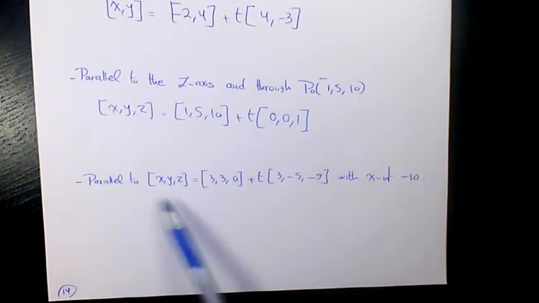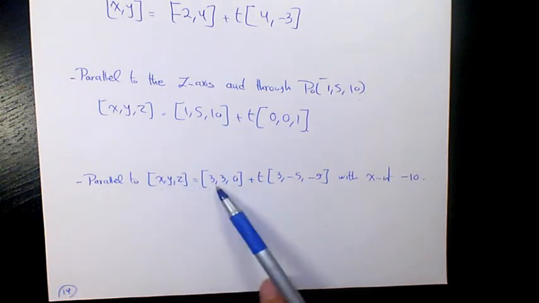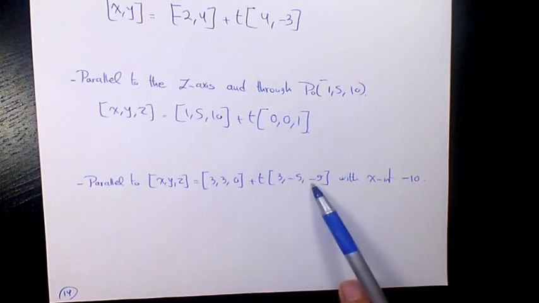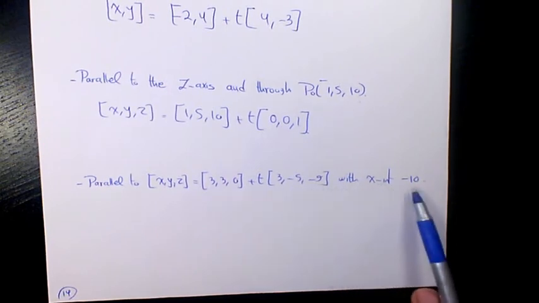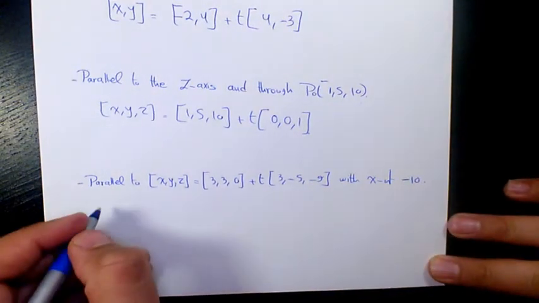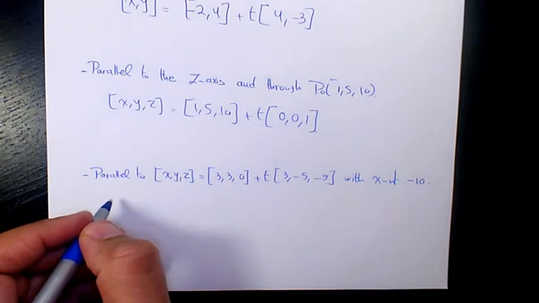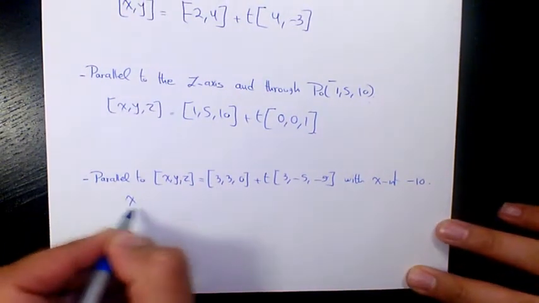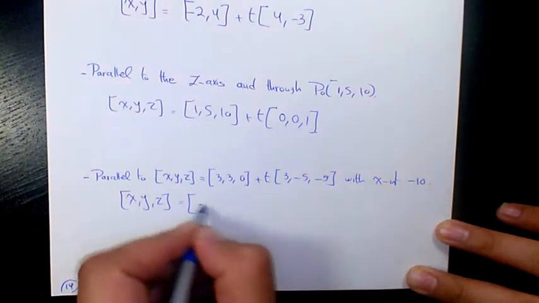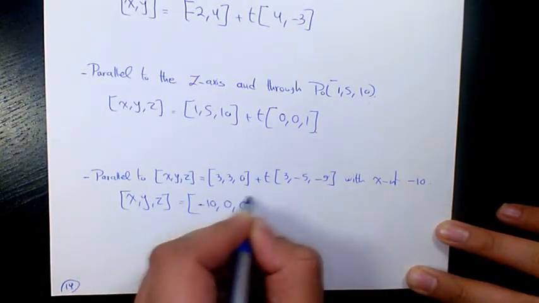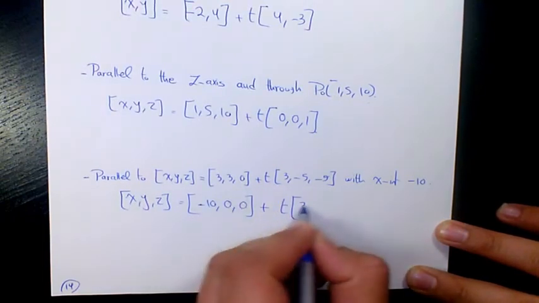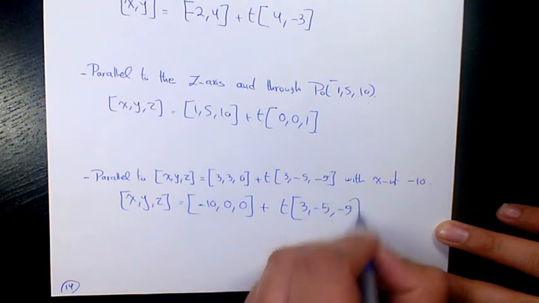Next one is going to be parallel to (x, y, z) equals (3, 3, 0) plus t times (3, -5, -9) with x-intercept of -10. So first of all, it's 3-space, so x, y, z. The x-intercept is -10. It means that it passed through (-10, 0, 0) plus t times, since it's parallel to this one, (3, -5, -9).